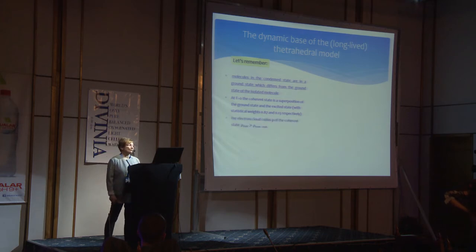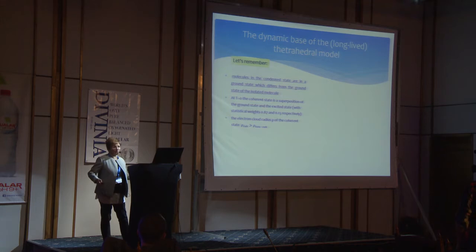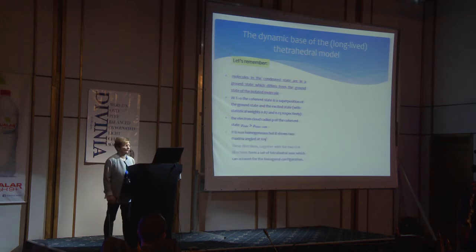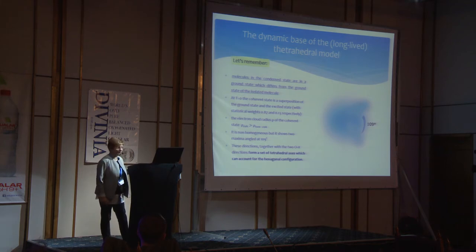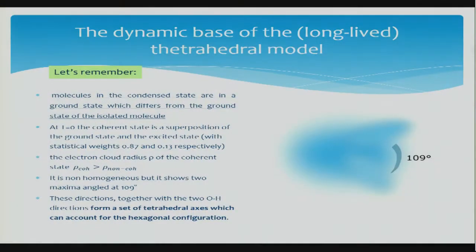Free, I mean monomers or dimers. The electron cloud radius of the coherent state is bigger than the electron cloud radius of the free state, and it's not homogeneous. In fact, if we make the calculation, we find that there appear two directions where there is a condensation of charges somehow. There are two maxima angled at 109 degrees.